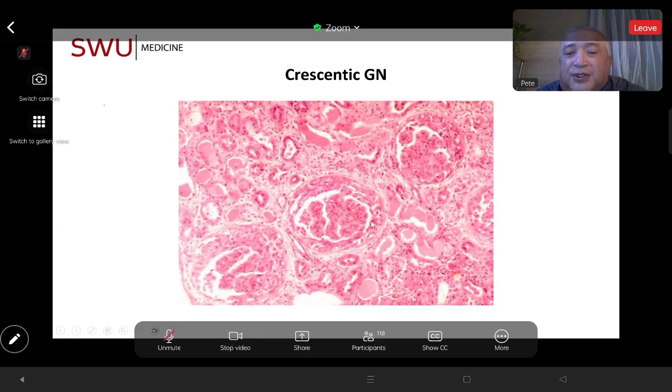So this is your crescentic glomerulonephritis. There is leakage of proteinaceous material in the glomerular space. So if you take away the glomerulus, you're going to have a crescent.